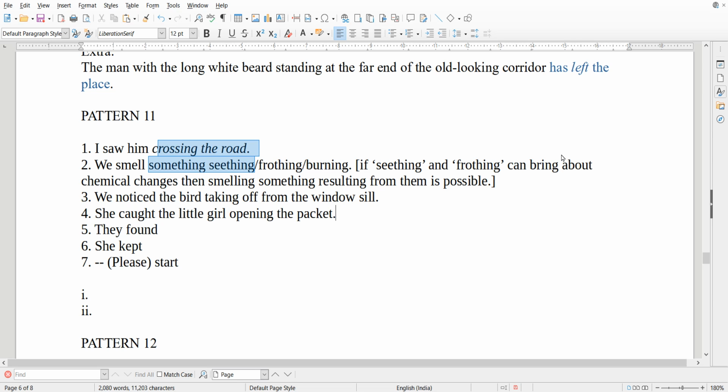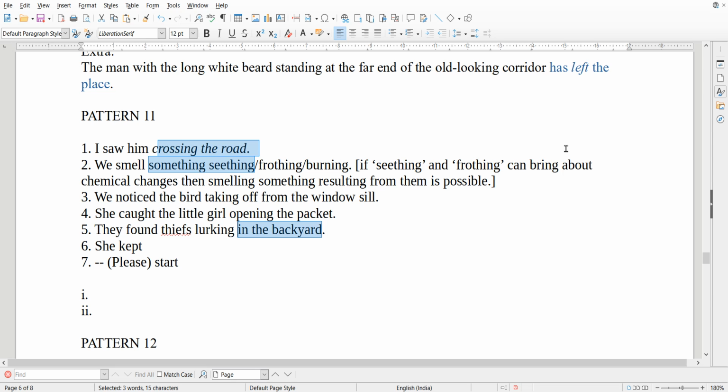They found the thieves lurking in the backyard. Okay, this part is lurking somewhere. Lurking requires this part, that's why.